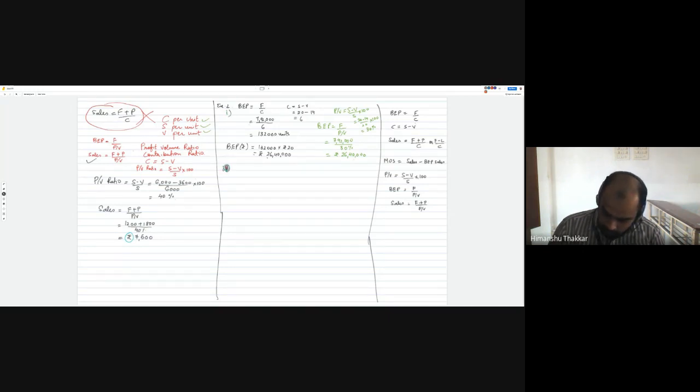Sales is equal to F plus P upon C. You are asked units, so you can go with the formula of S is equal to F plus P upon C. So your F remains the same, 7,92,000 plus P. What is the profit they want? They want a profit of 60,000.